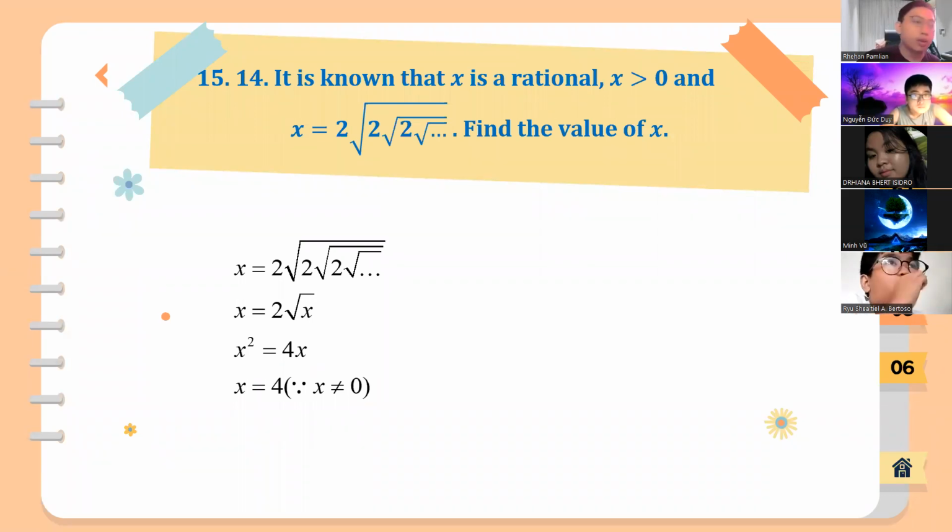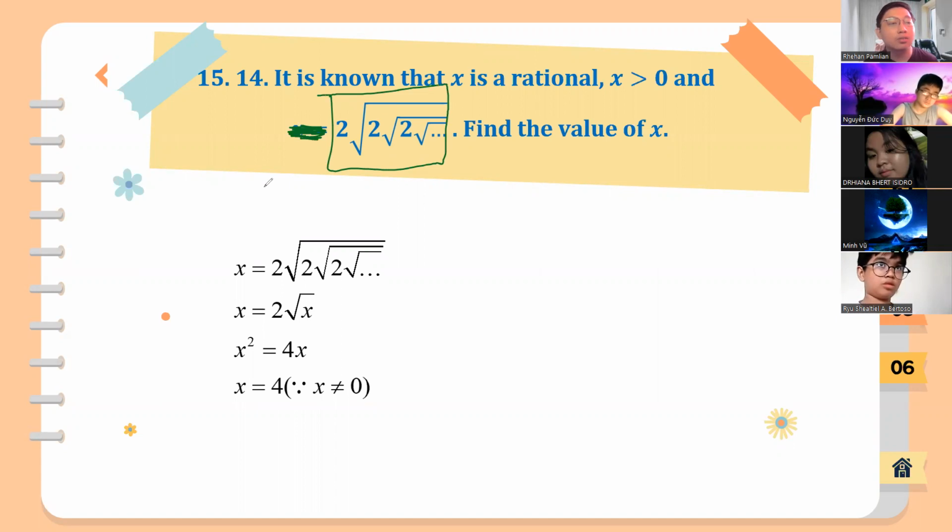Okay, so the good thing about this problem, guys, is that usually, from past experience, they would not tell you that this is equal to x. There's nothing about this part. They would just basically ask, what's the value of this? You would encounter questions like that.